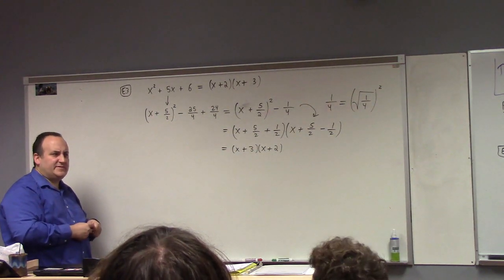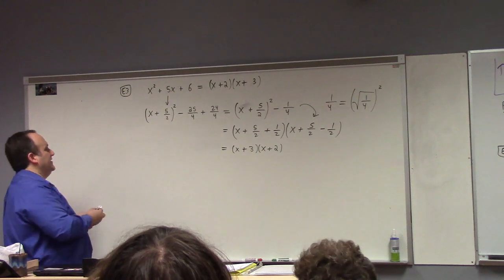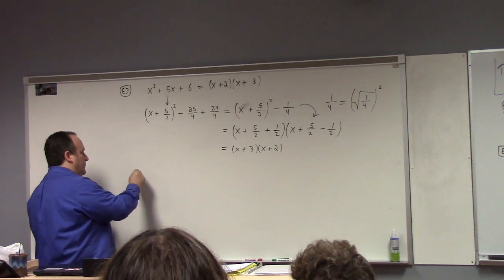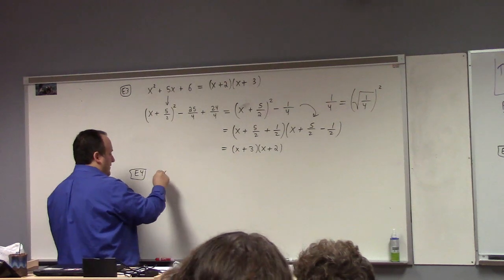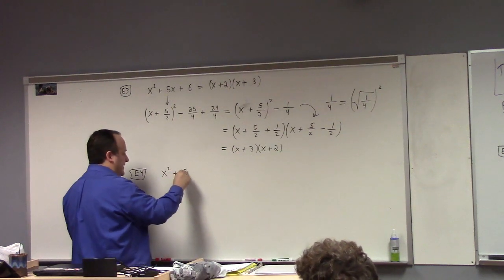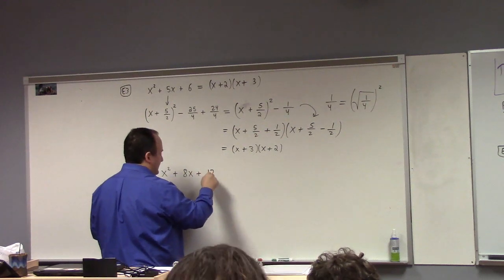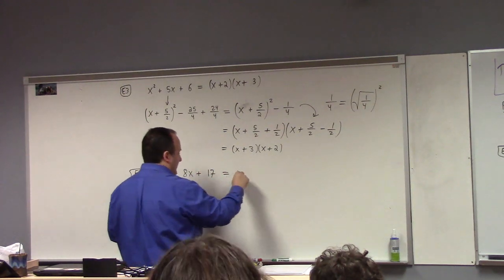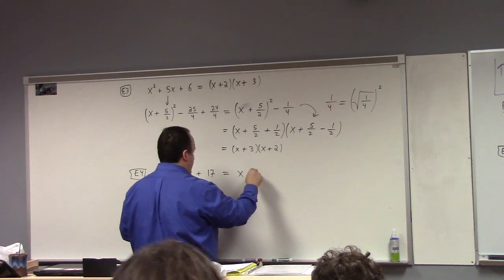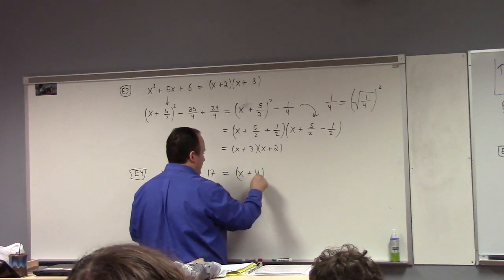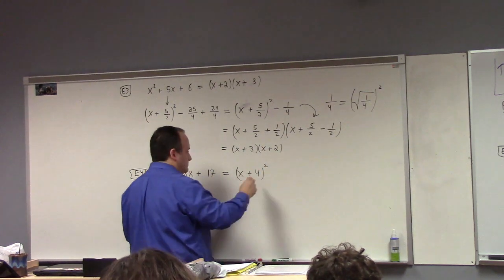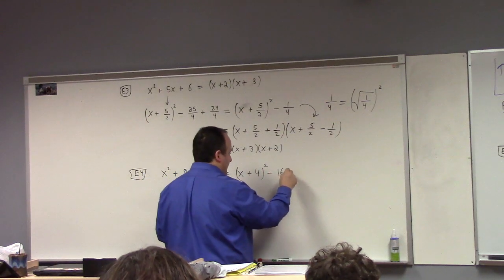It just requires arithmetic. Another example. This one we won't be able to factor. X squared plus 8x plus, I don't know, 17. So we have x plus 4. We square that, right? I have to subtract 16.